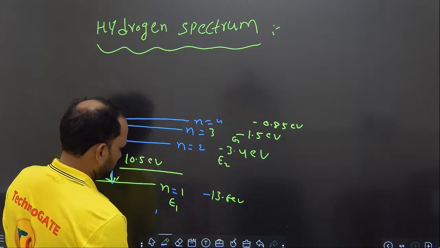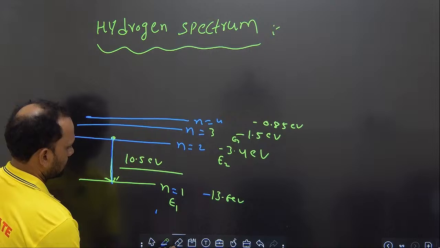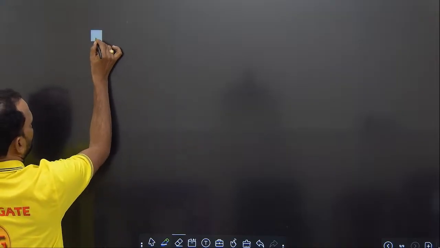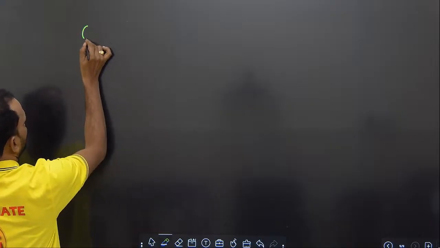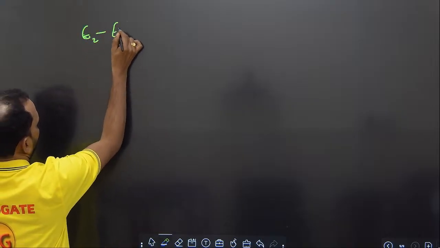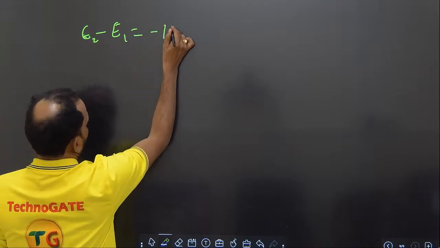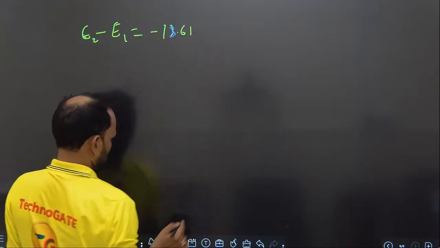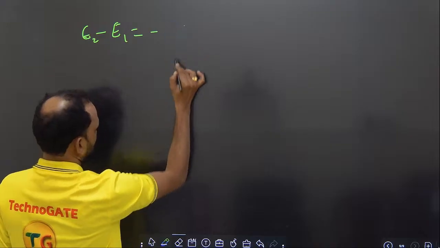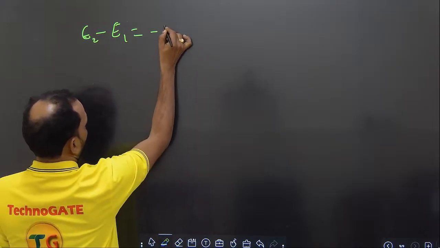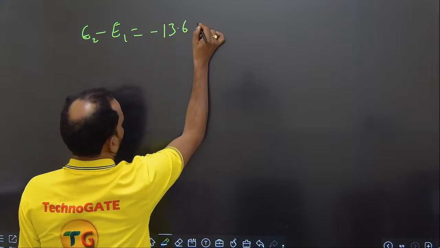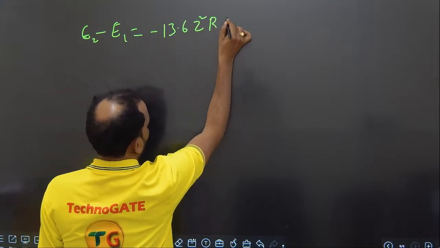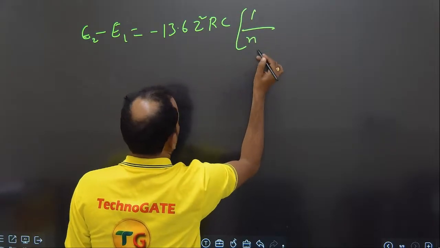The formula is E2 minus E1 is equal to minus 13.6 into Z square into 1 by n2 square minus 1 by n1 square.